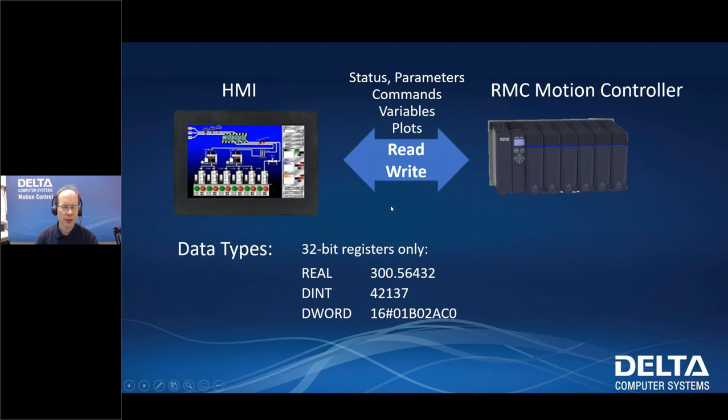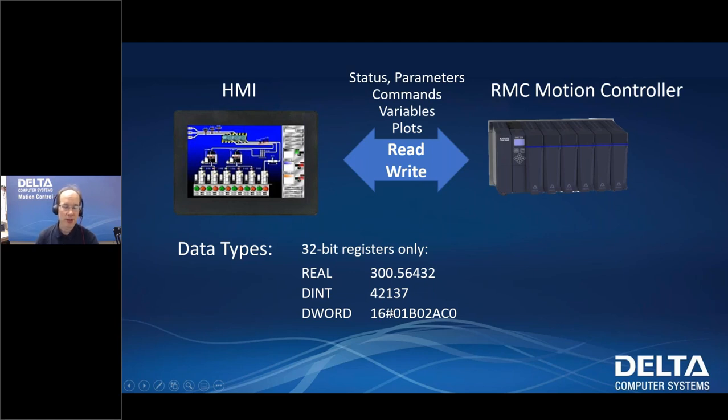When we're reading, we deal with data types. The RMC supports only 32-bit registers. So reals, this is a floating point number, double integer, so a 32-bit integer, and then a double word, so a 32-bit string of bits, typically represented in the RMC by 16-pound.